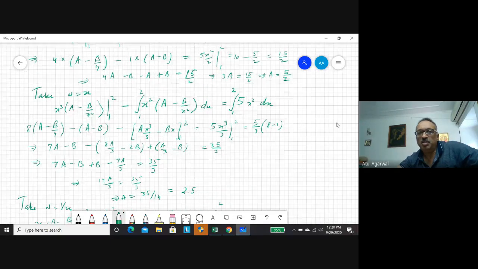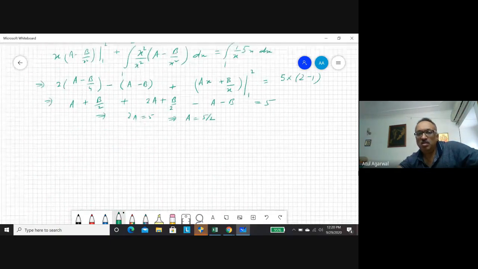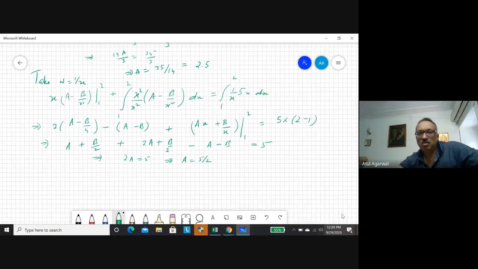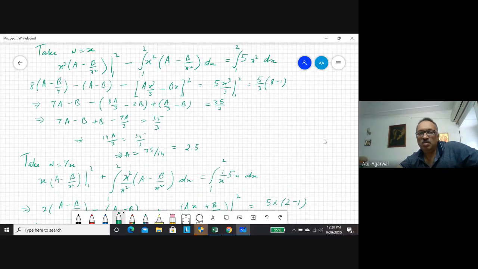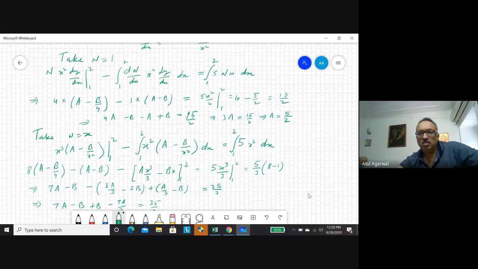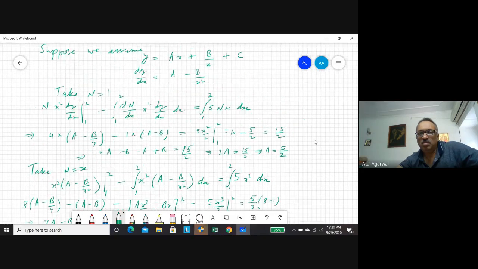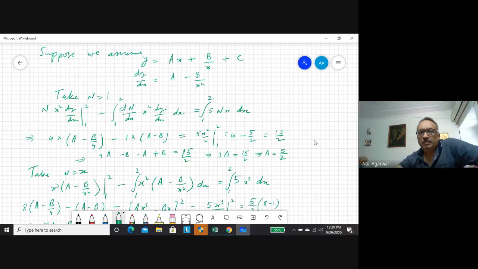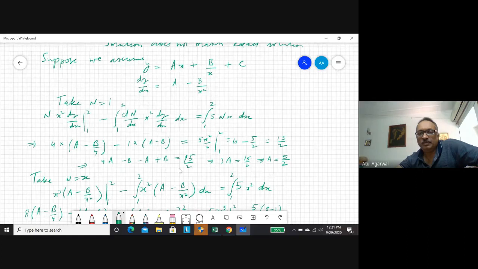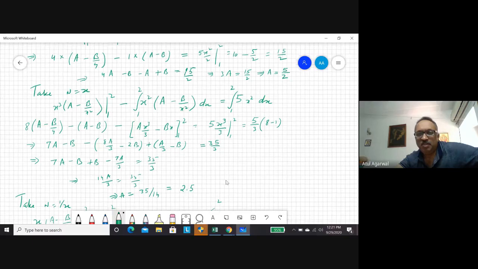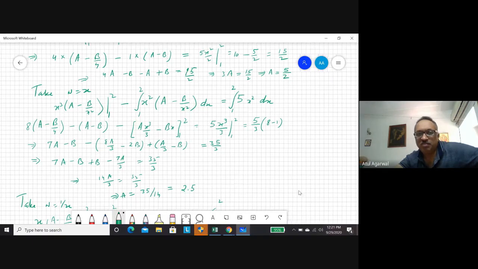What is the value of b we got? So this is not showing any value of b. First equation is giving a is equal to 2.5. Second equation is also giving 2.5.